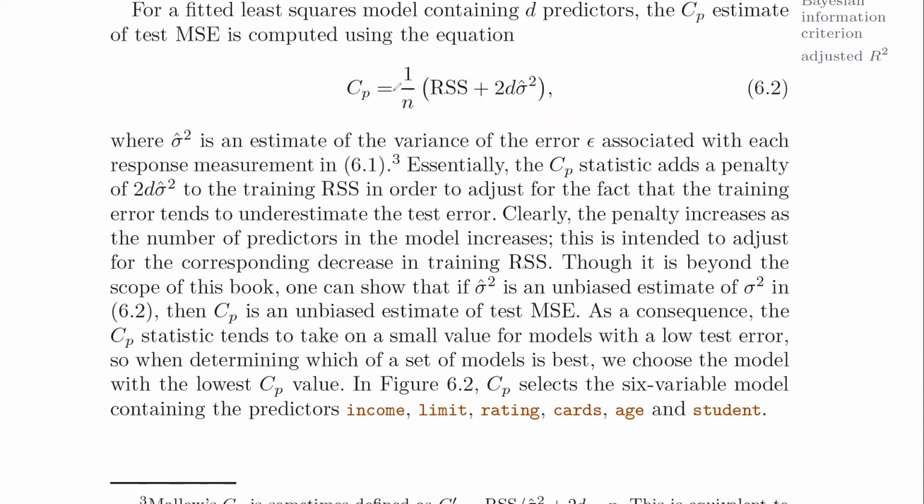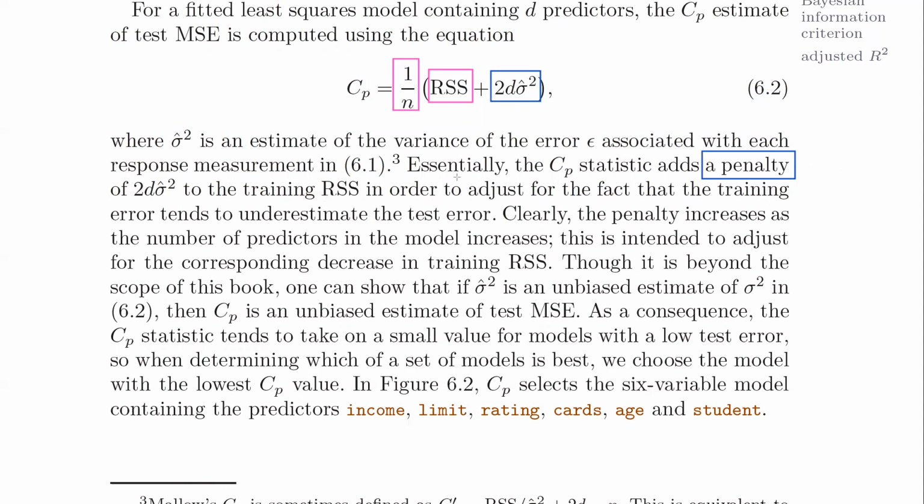So what is it doing? Well, you'll notice that this is just the training mean squared error. But the book describes, and I'll highlight it when I find another color, a penalty. And the penalty is this over here. Well, divided by n, I guess.